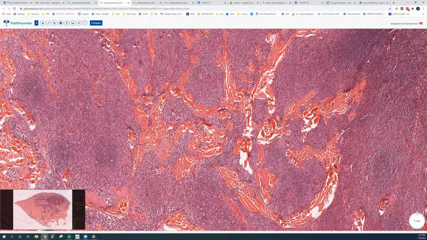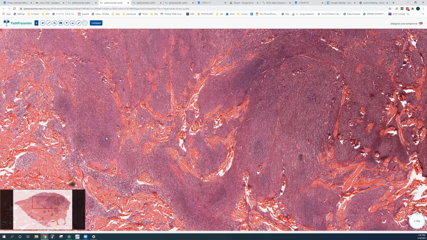Again, immunohistochemistry is necessary to make the diagnosis, and the diagnosis rests on identification of lambda or kappa light chain restriction, so monoclonality in these biopsies. You can do immunohistochemistry to look at that, or you can do in situ hybridization.